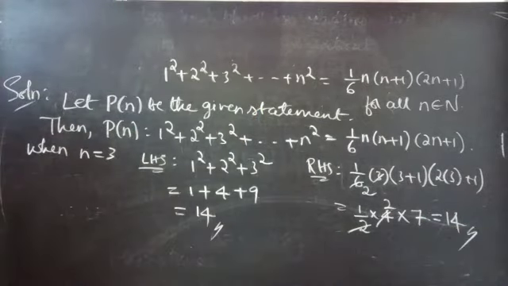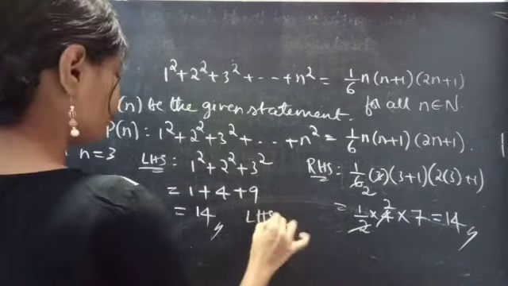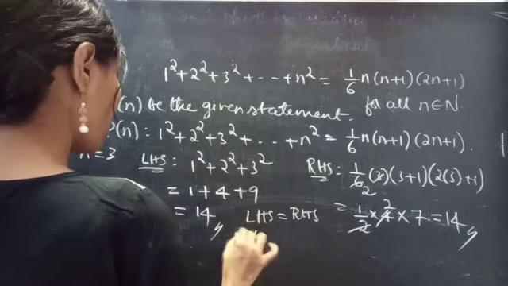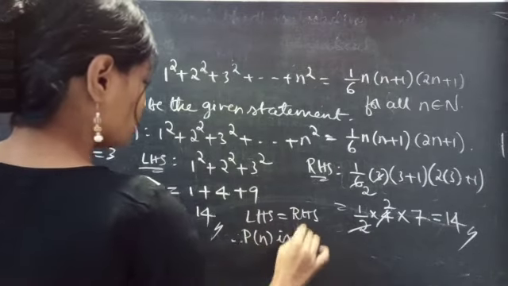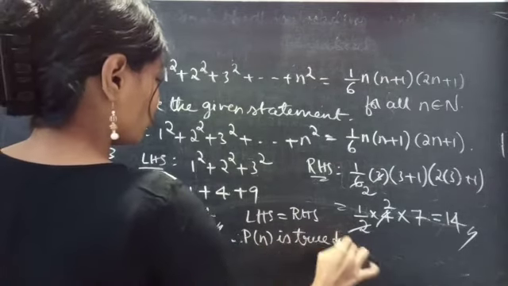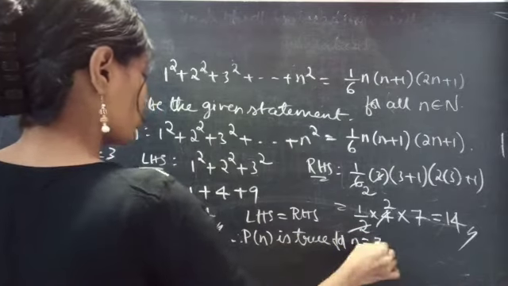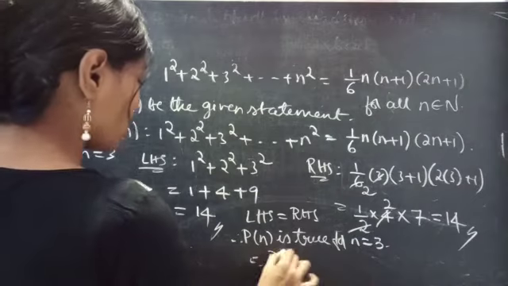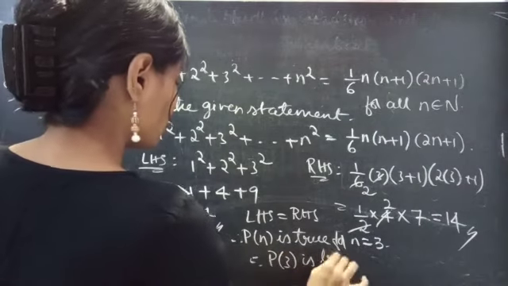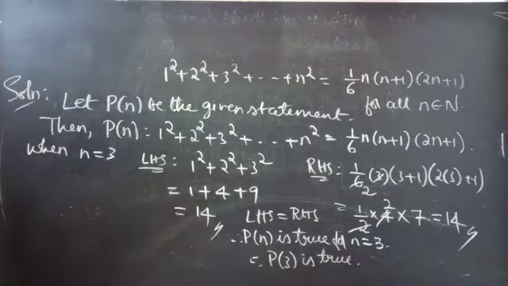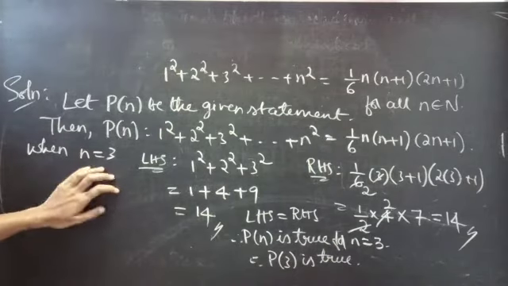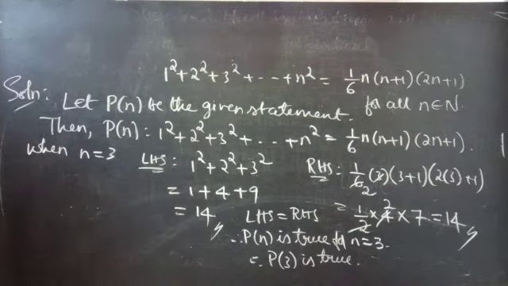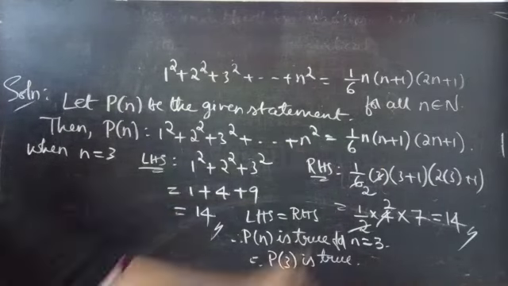So here LHS equals RHS. From this we can say that P of n is true for n equals 3. Therefore, P of 3 is true. If we want to check for n equals 2, from LHS we take the sum of the first two terms, and on the RHS we simply substitute n equals 2.